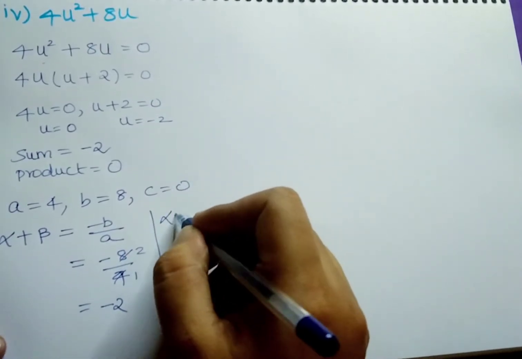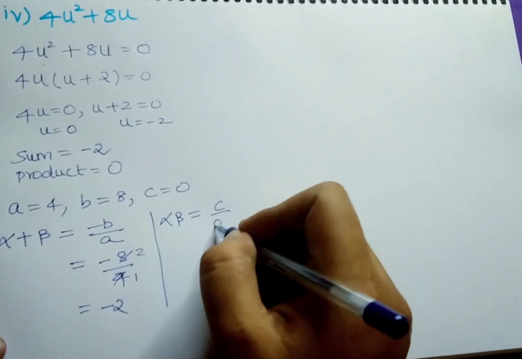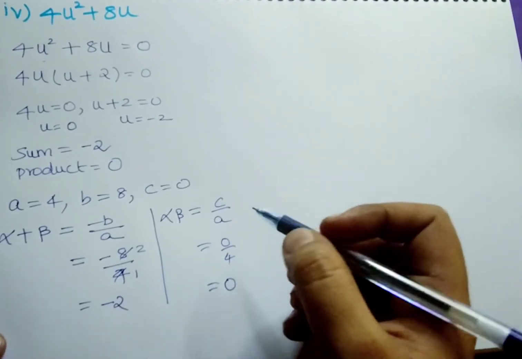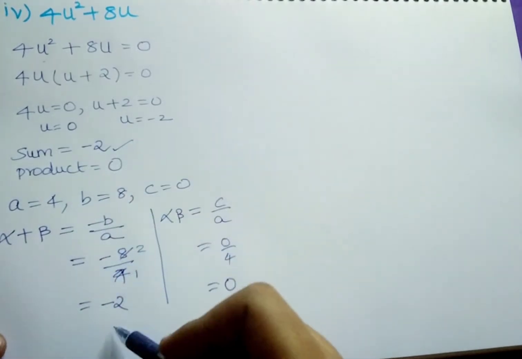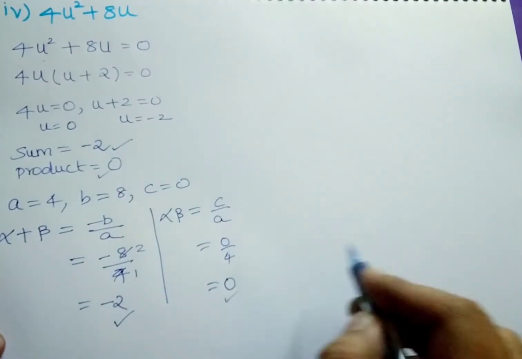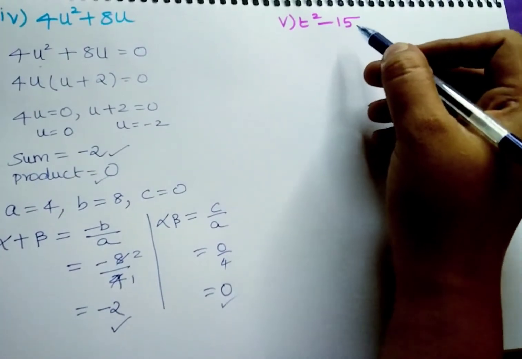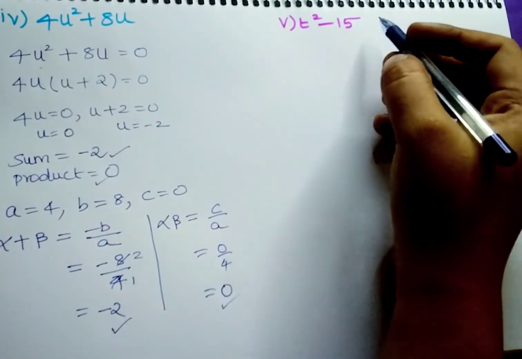Same way the product, alpha into beta, it is c by a, that is 0 by any number, we get 0. When we check with the sum, it is minus 2, product, it is 0. The relationship is verified.